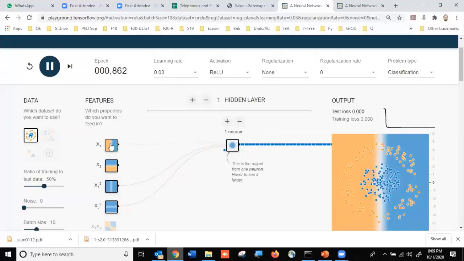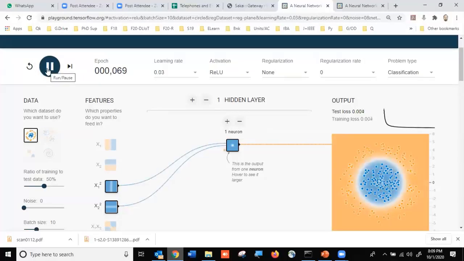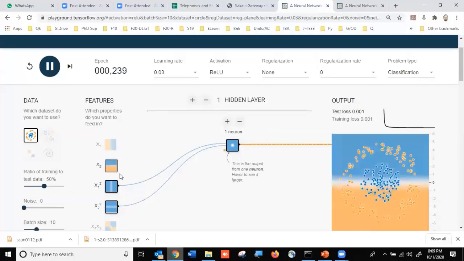So if I now click on this and remove these two, depending on how you initialize it, I suppose. Yeah, here you go. So we found a solution where these two are not connected, okay?